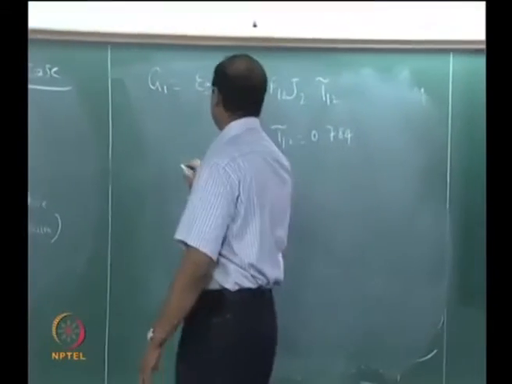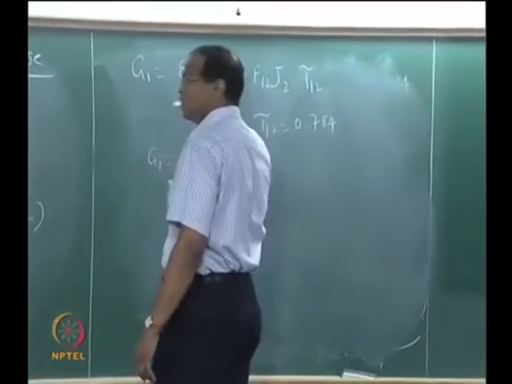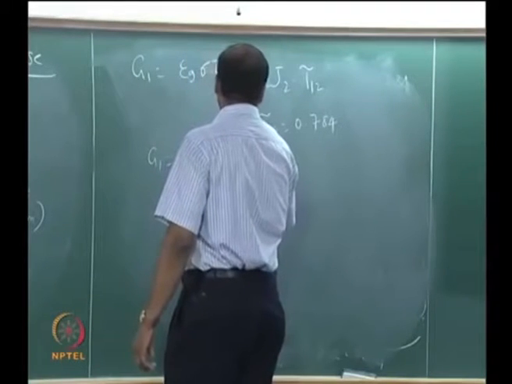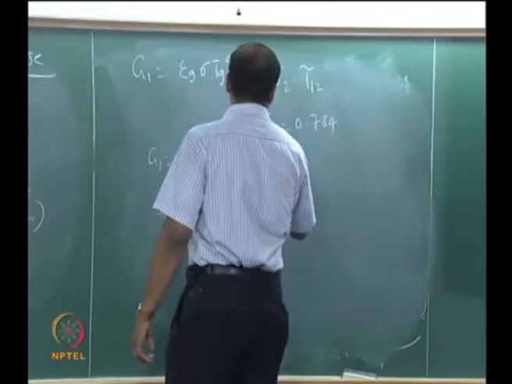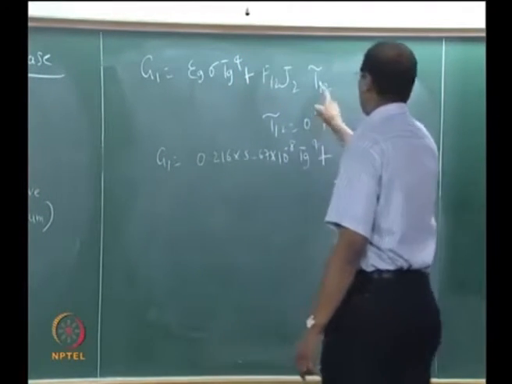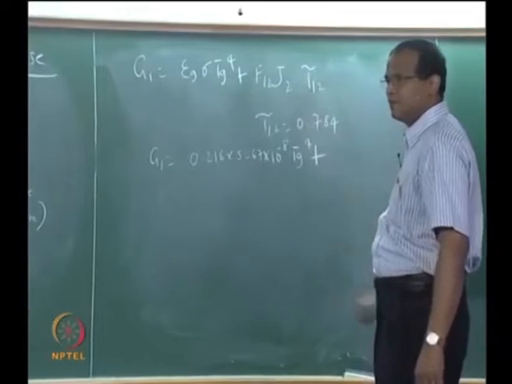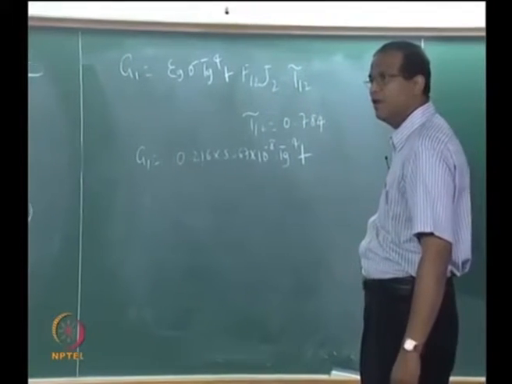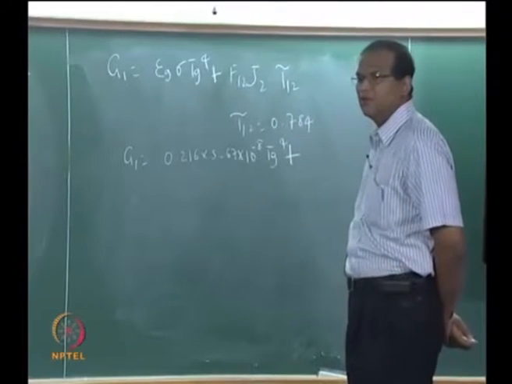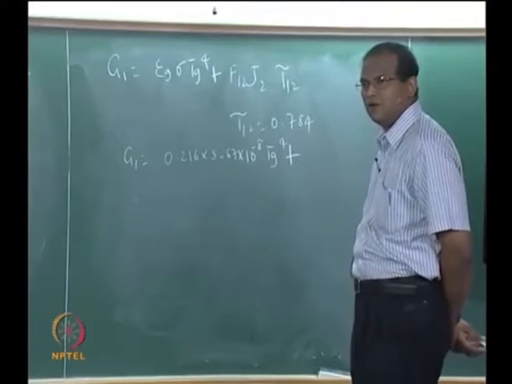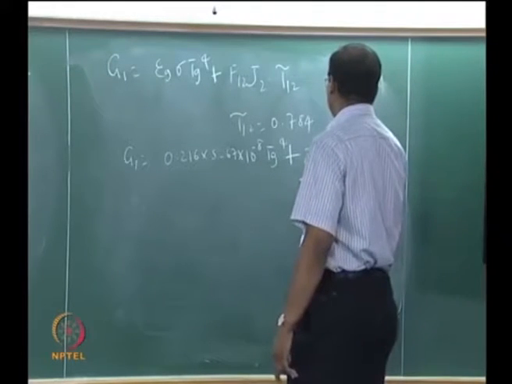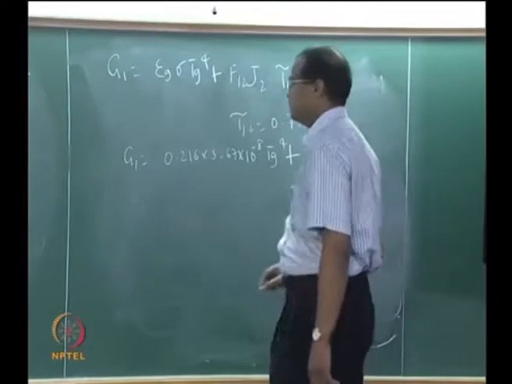Okay, so G1. Epsilon g is there, right? 0.216. What is this? Please tell me that value. 37,200 into 0.784. 164.